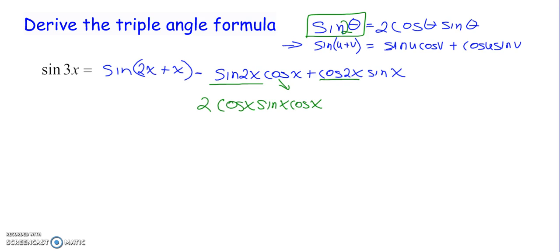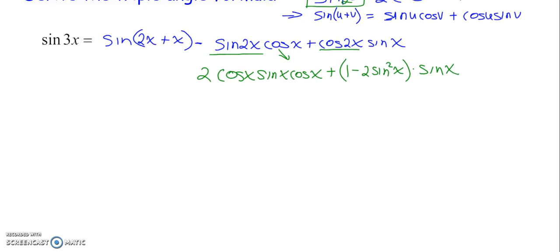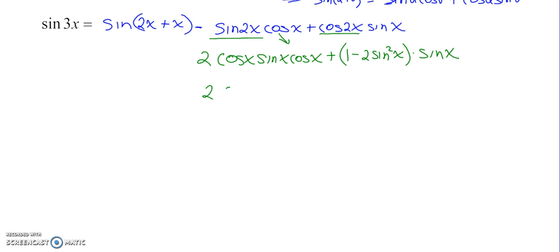The cosine of 2x, we can use the formula 1 minus 2 sine squared x, that needs to be in parentheses, times sine x. Now I could simplify a little bit further, and I could call this 2 cosine squared x sine x, plus, if I do some distributive property, sine x minus 2 sine cubed x.